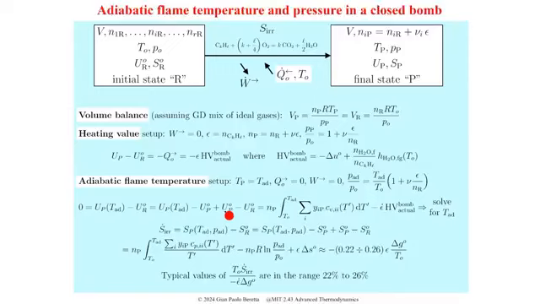This time, the only difference is that instead of the specific heats at constant pressure, since the energy for a gas depends on the specific heats at constant volume, it's the cv that you have to integrate here. And you can then compute the pressure. Once you have the temperature, you can compute the pressure from here, and then you can compute the entropy produced by irreversibility with the entropy balance.